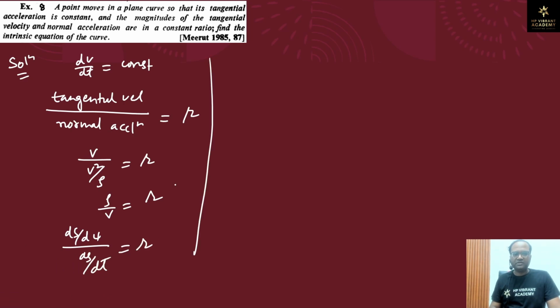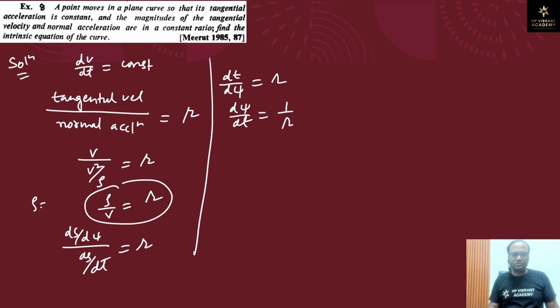So now we have dt upon d psi is equal to mu. So we have d psi upon dt as 1 upon mu. And from here we have rho is equal to mu into v.